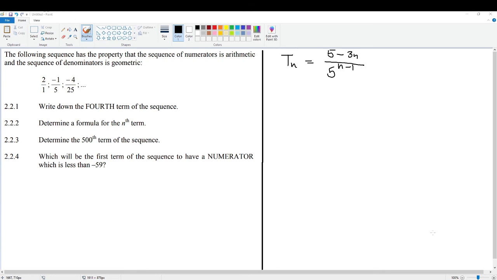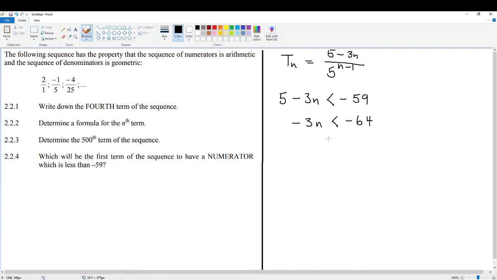The fourth part, which will be the first term of the sequence to have a numerator which is less than minus 59. Our numerator is 5 minus 3n. This should be less than minus 59. We solve this. It means minus 3n will be less than minus 64. When we divide an inequality by a negative, the sign changes.